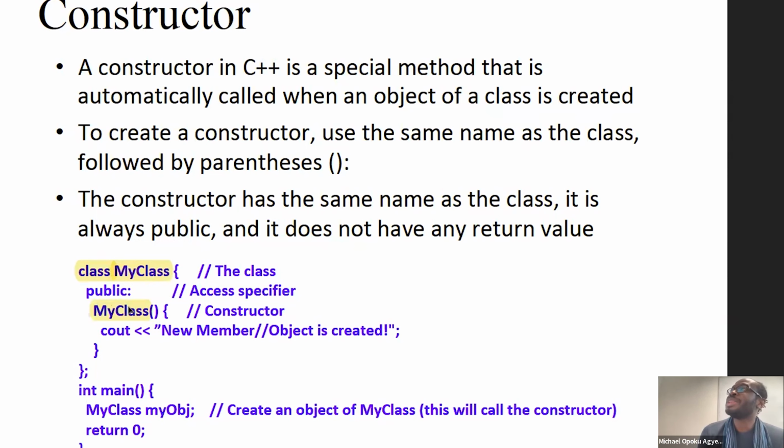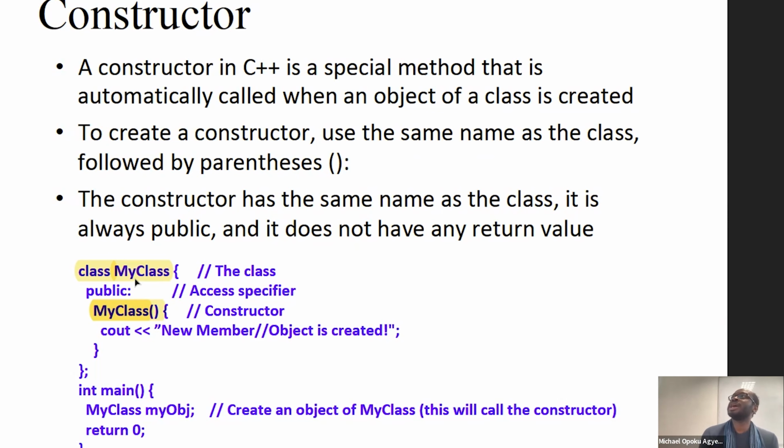This is actually a constructor, and you notice the constructor is pretty much a function. It's got these two brackets there. Whatever is inside the constructor is the default thing we want to run as soon as an object of that class is created.